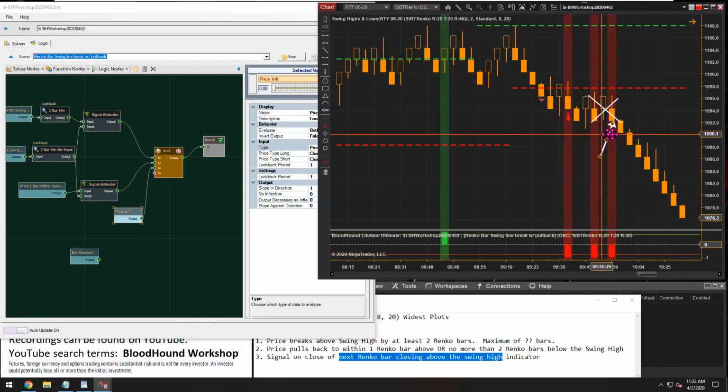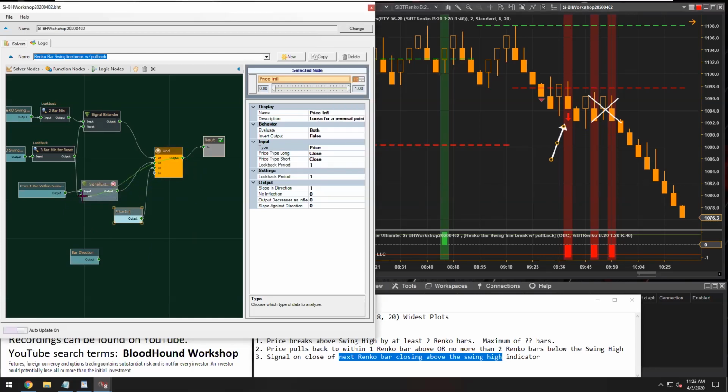And that way it'll cancel that. But you can't create loopbacks, right? If you create a loopback, you could create an infinite loopback situation. So loopbacks are not allowed within the system here. So it literally won't allow you to make that connection. So yeah, I can't really think of any reset way.